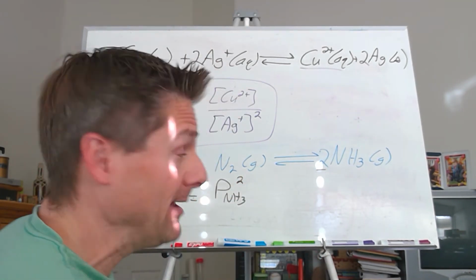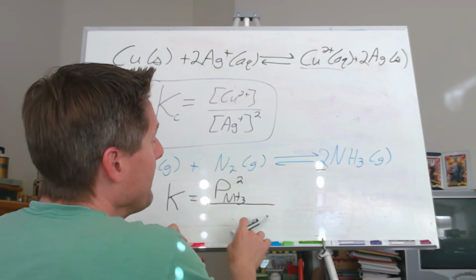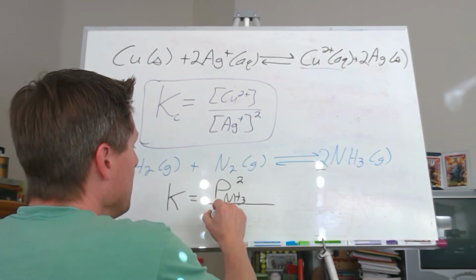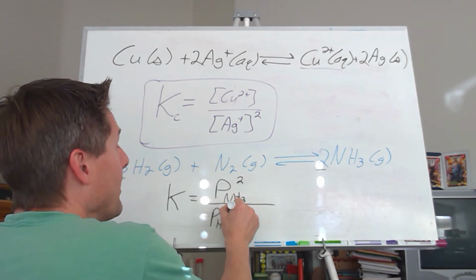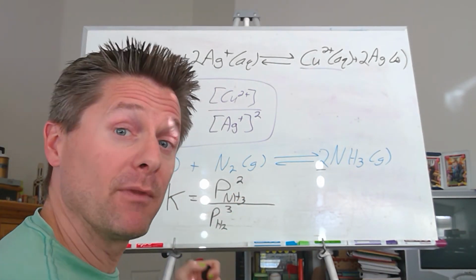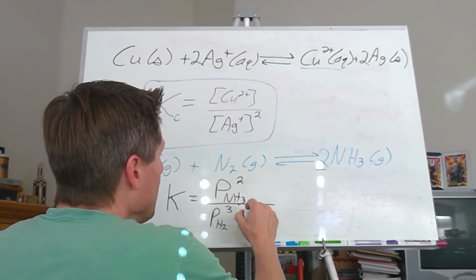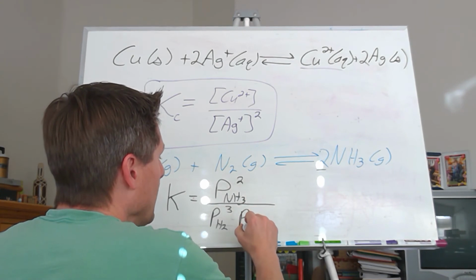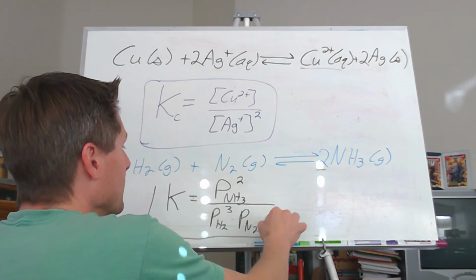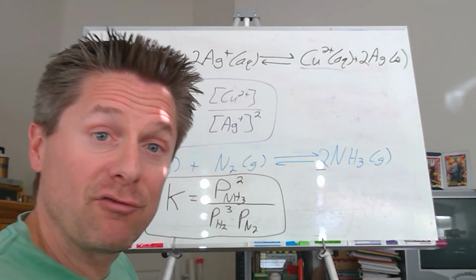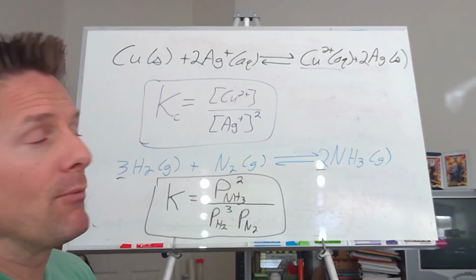Because there's a 2 in front of it. And let's divide that by the reactants. Let's take the pressure of the hydrogen, and there's a 3 in front of that, so I'm going to raise that to the power of 3, right, from the law of mass action. And I'm going to times that by the pressure of the nitrogen raised to the power of 1. So that would be the equilibrium expression for this particular reaction.